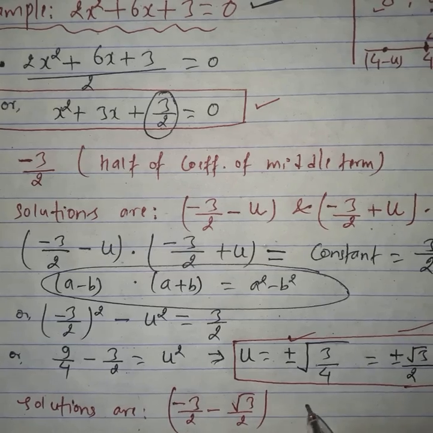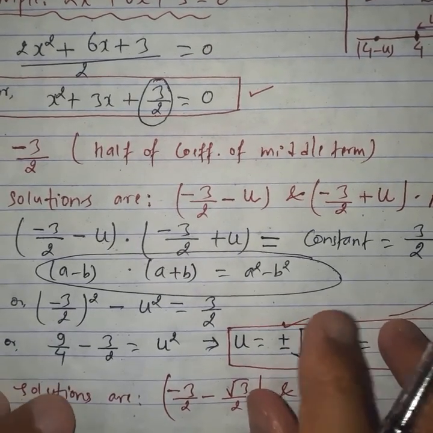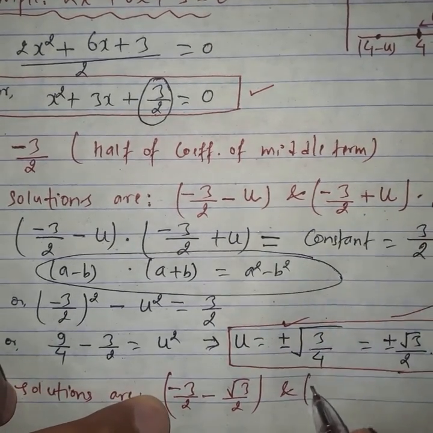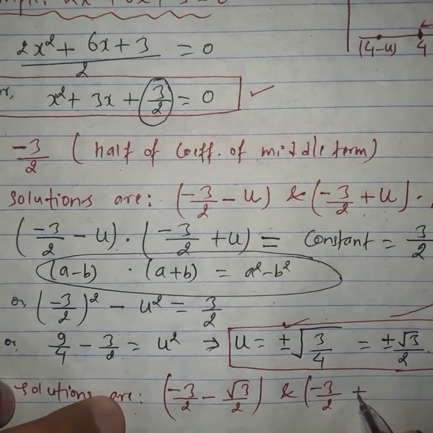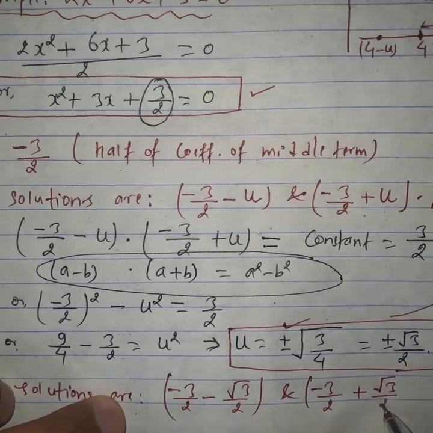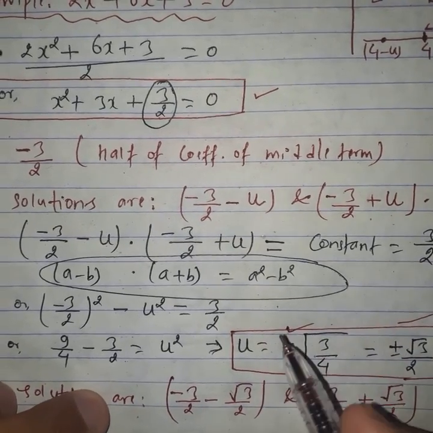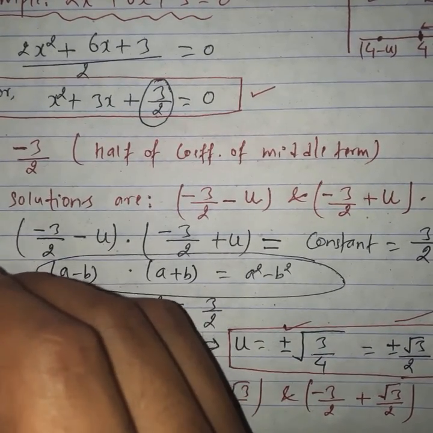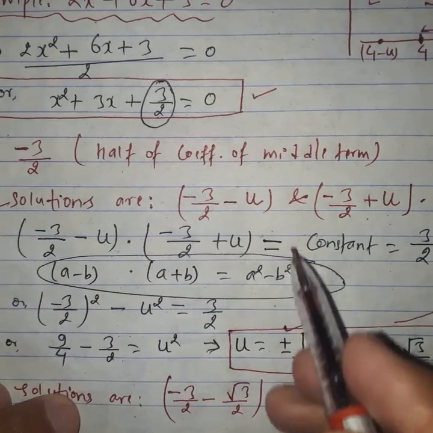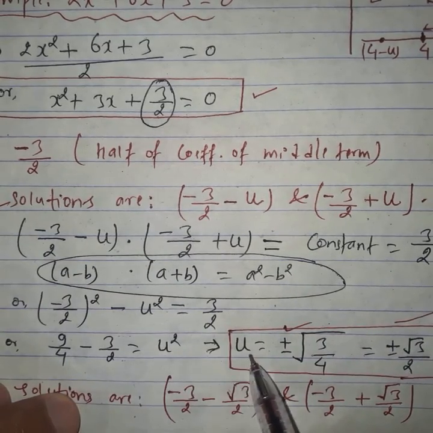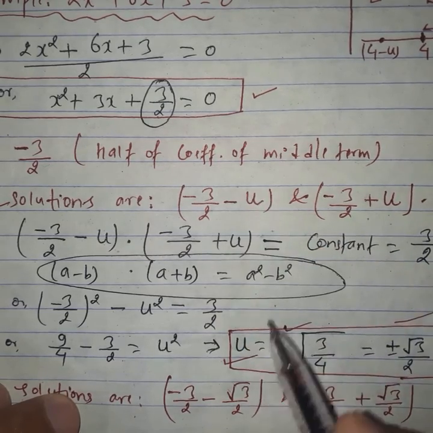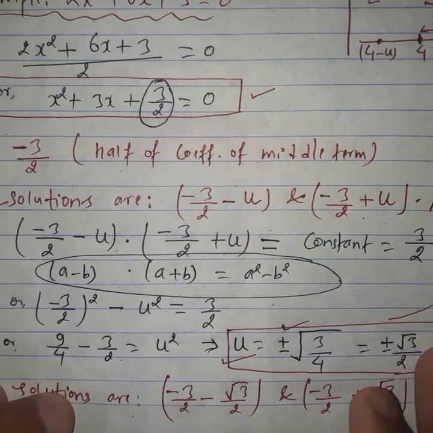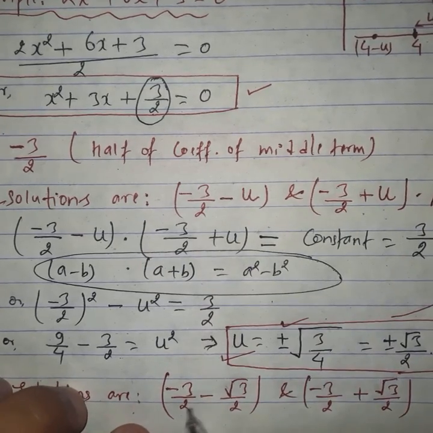This is one solution, and the other, taking the positive one, is negative 3 over 2 plus the square root of 3 over 2. From the third step, we just plug in the obtained value of u.